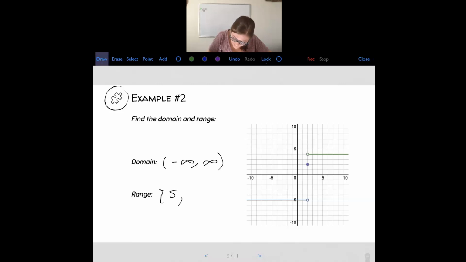So 5 from the blue line, 2 from the purple dot, negative 5. I think the negative being covered up is messing me up. And then from the green piece, 4. The y value is 4. Okay, so that would be the range.